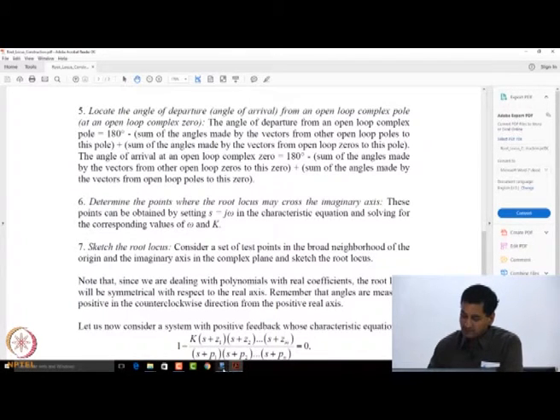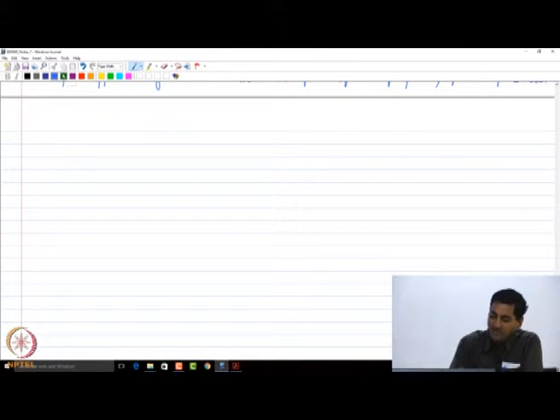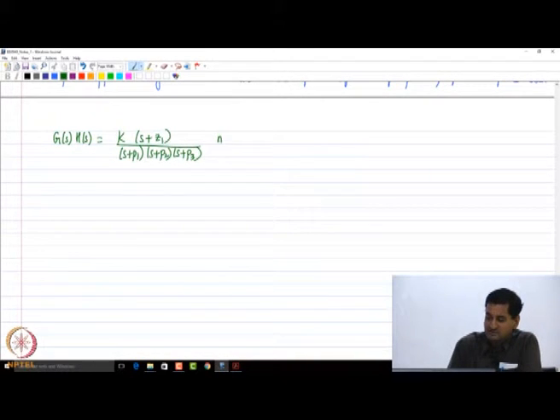So, how do we get this formula? Let me take an example. I am going to lead you to this answer. I will leave you with a small exercise to do before the next class. Let us say I have a case where I have 3 open loop poles and 1 open loop zero.